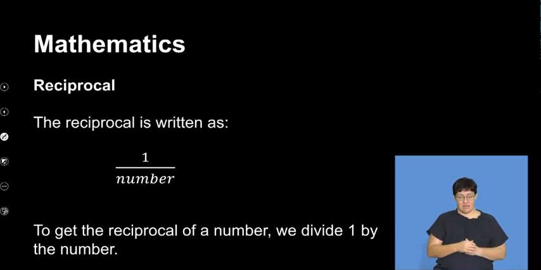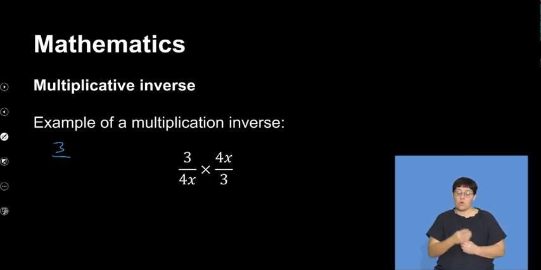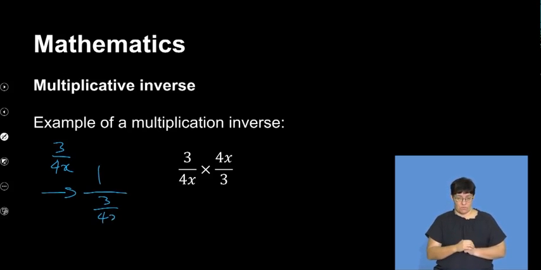So going back to the question that I just did now, I said the multiplicative inverse is 4x over 3. Let me show you how we got that. So my number is 3 over 4x, right? And I said for you to get the reciprocal, you must say 1 divided by the number. So it will be 1 over 3 over 4x.